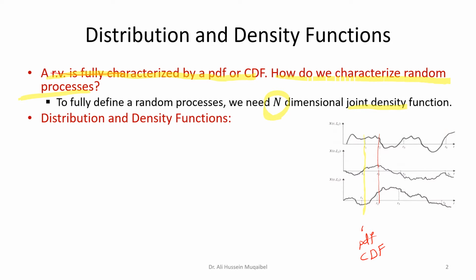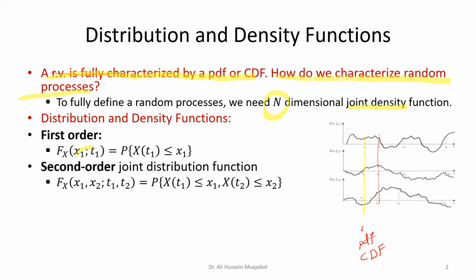So just formally we'll define them and then we'll see how to get away from defining CDF and PDF. A joint CDF and PDF with n dimension. First, we define the distribution function, capital F of x1 semicolon t1. It is the probability that X at t1, for a given time, is less than or equal to x1.